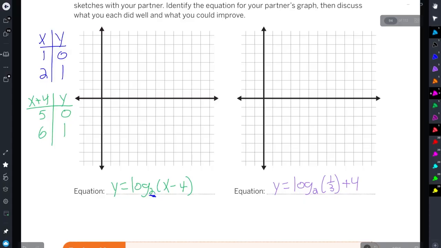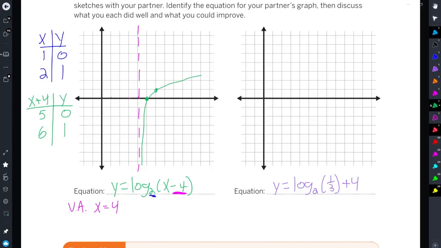Our vertical asymptote is going to be at x equals 4 now because of this minus 4. So 1, 2, 3, 4. And then when we plot our points, 5, comma 0 and 6, comma 1, that's going to make our graph go like this.